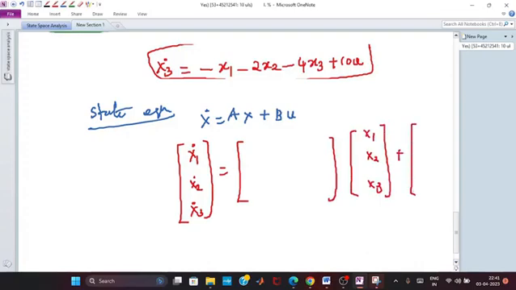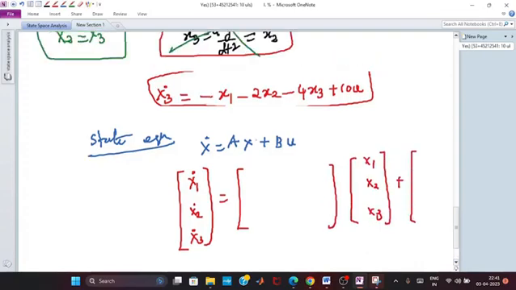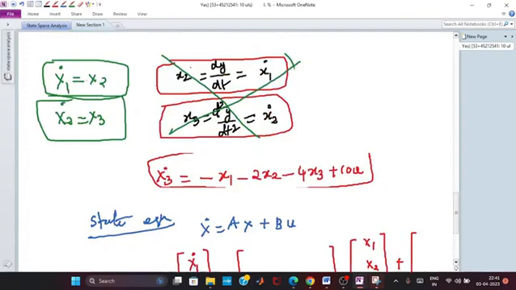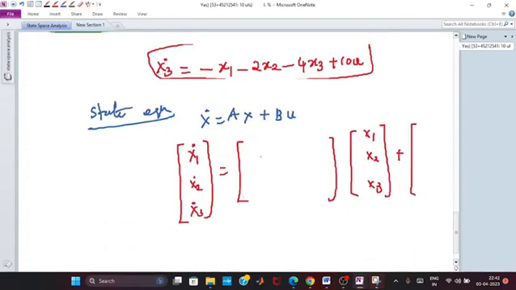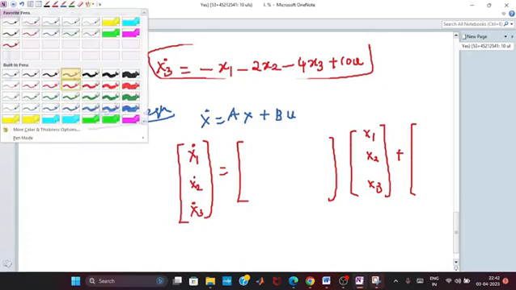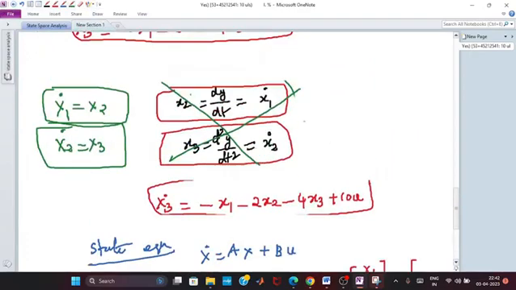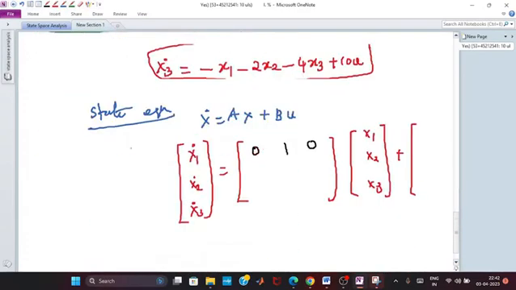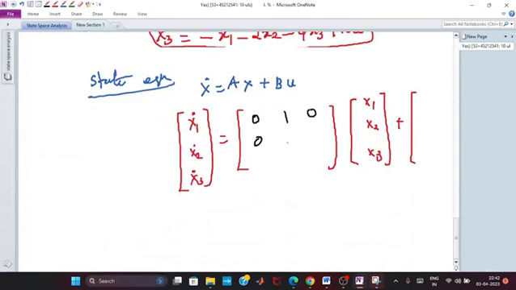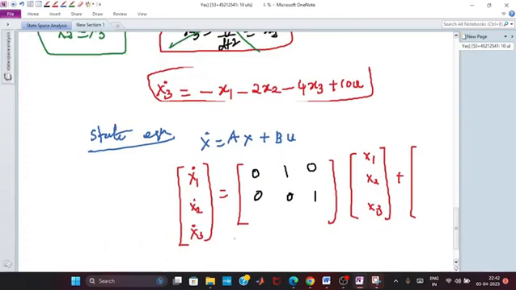Plus you have to put a matrix. First A multiplies x: for x1 dash we have 0 x1 plus 1 x2 plus 0 x3. For x2 dash, 0 x1 plus 0 x2 plus 1 x3, that is 0 0 1. What is the third one? Minus x1, minus 2 x2, minus 4 x3, that is minus 1, minus 2, minus 4, plus 10u.